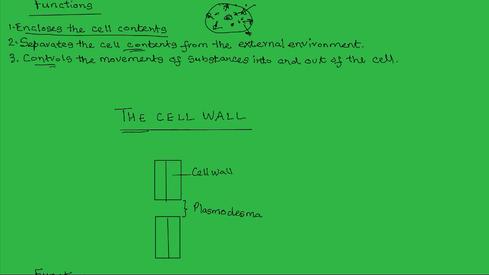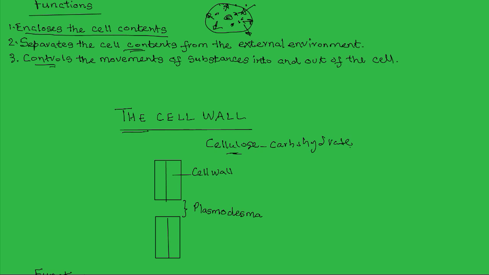Plant cells have a cell wall that is made up of a chemical compound known as cellulose. Cellulose is a type of carbohydrate. Carbohydrate is an organic compound that is found in living organisms.